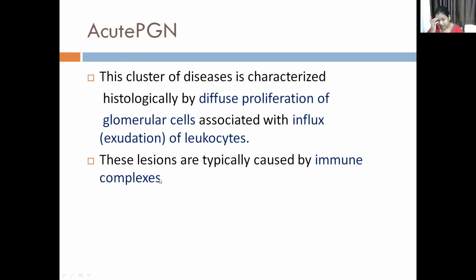You know that whenever there is an infection, the soldiers of the body, the leukocytes, get into action, and then there is diffuse proliferation of the glomerular cells themselves: visceral epithelial cells, parietal epithelial cells, endothelial cells, mesangial cells, all of these get into action.